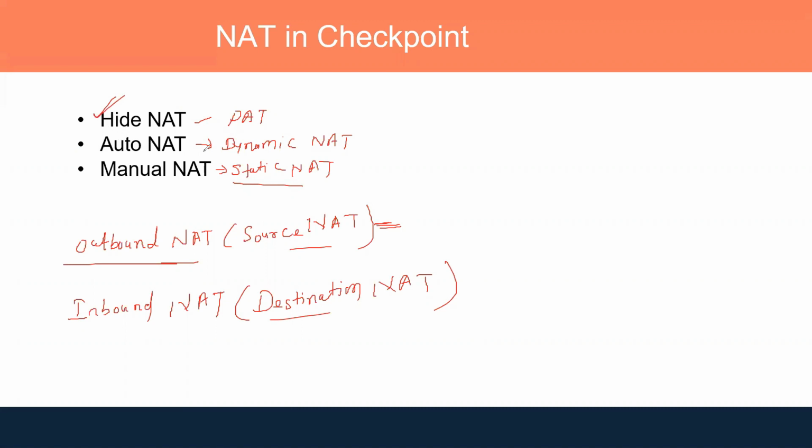But in AutoNet, if you go via static one, here you would configure a static rule. So you can achieve both things: you can achieve source net plus you can achieve the destination net. That means this is going to add the bidirectional net rule, from in to out and out to in, when you configure a static net.